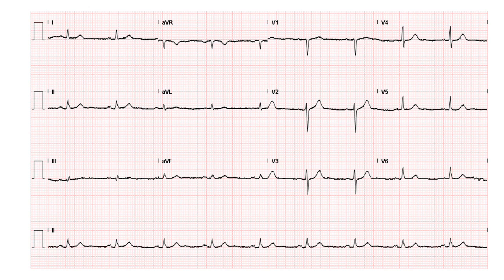Since this is a regular rhythm, I can use the rule of 300. I'm going to look for a QRS complex that is sitting as close to one of the bold lines or the large box borders that I can find.